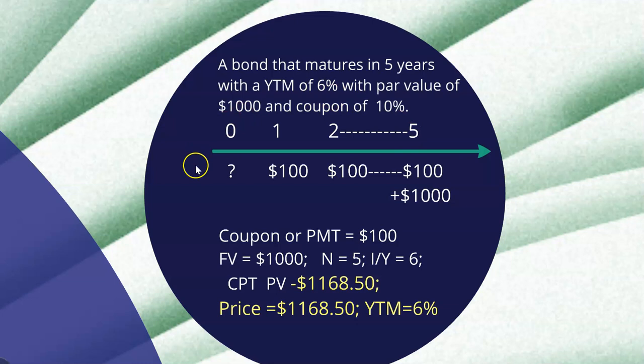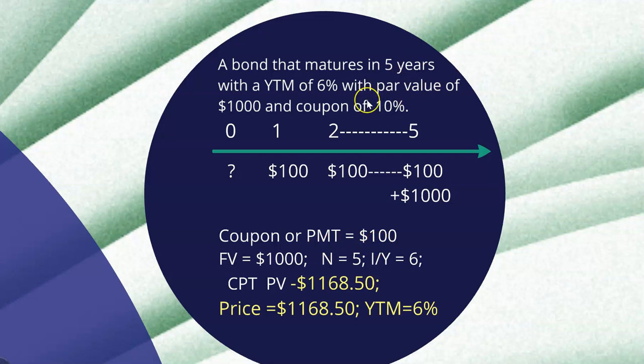Now, if you key in these numbers in TI BA II Plus financial calculator, you can key in your coupon or payment, which is nothing but these $100 in year 1, year 2, year 3, year 4, and year 5 are nothing but annuity payments. So you can key them in as payment in your financial calculator of $100.